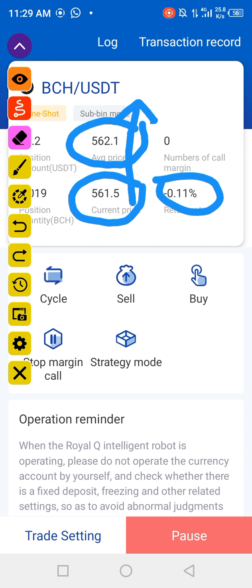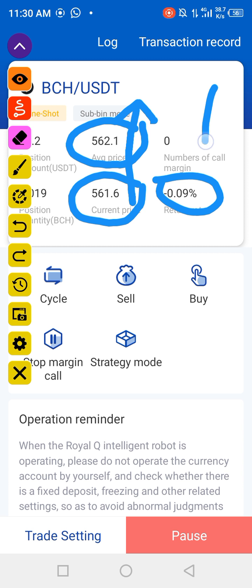So whenever the current price is higher than the average price at every given position, it will sell, even in the 100th position. At any time the current price is higher than the price at which it bought at that position, it always sells and keeps the profit for you. That's one unique thing about Royal Q. Even in the dip, it is making profit because every position is independent of each other.